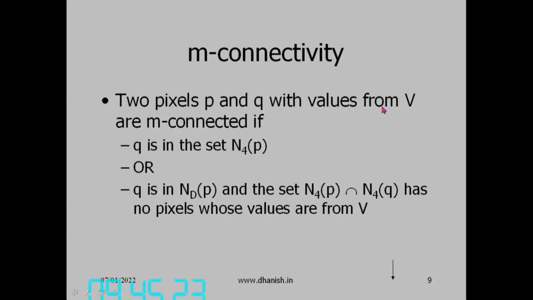Two pixels P and Q with values from V are M connected if Q is in the set N4 of P, so it has to be a horizontal or vertical neighbor, or Q is a diagonal neighbor and the set N4 of P intersection N4 of Q has no pixels whose values are from V. The intersection between the 4 neighbors of P and the 4 neighbors of Q has no pixel whose values are from V. There is no common pixel. Then it is M connected.